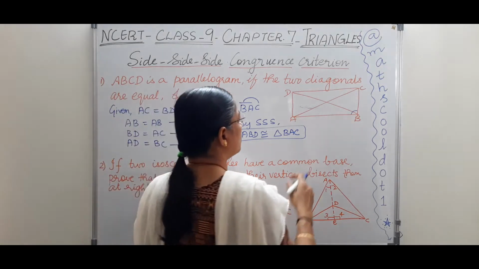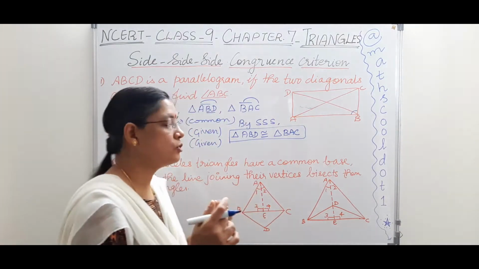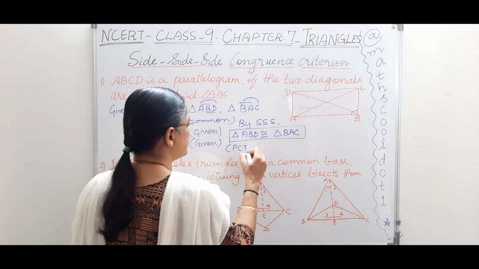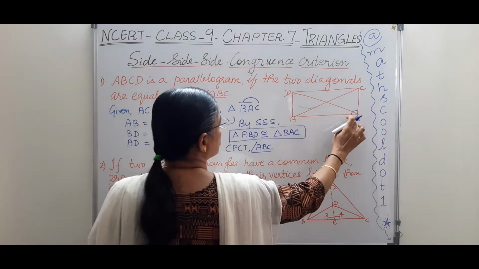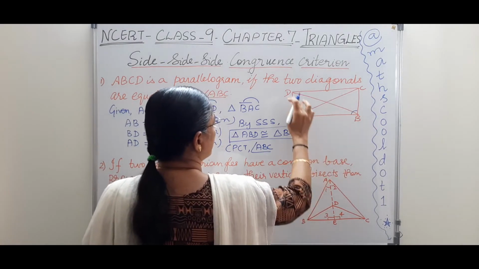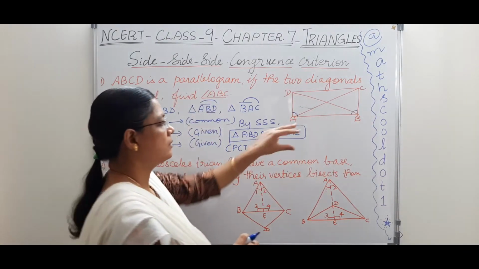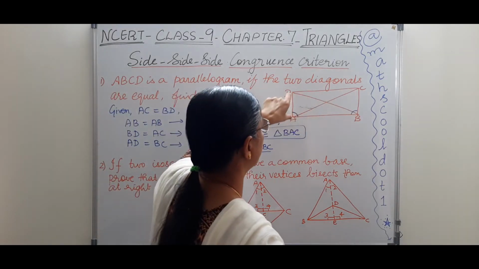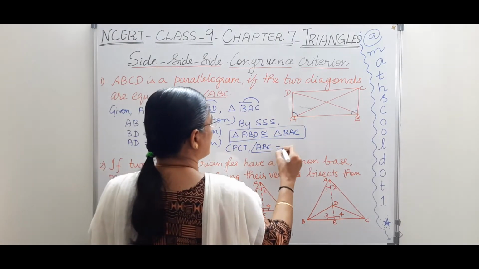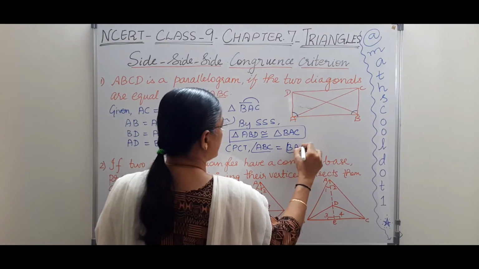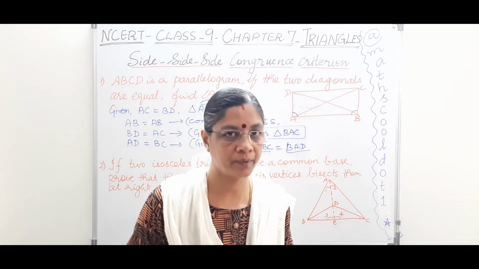Since both triangles are congruent, according to CPCT, angle ABC is equal to angle BAD, because the corresponding parts of congruent triangles have to be equal.